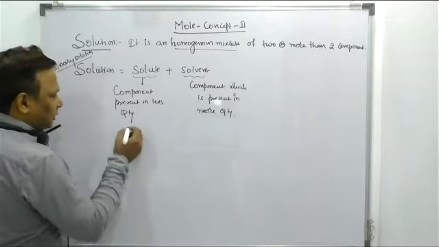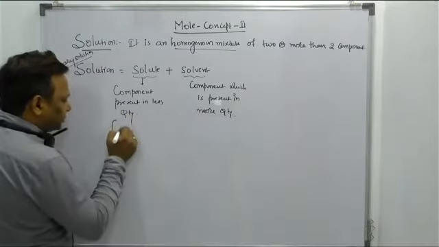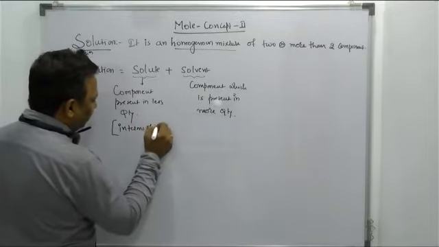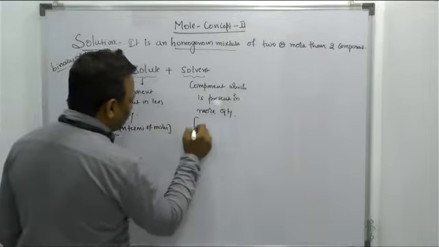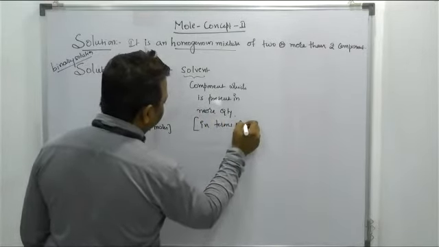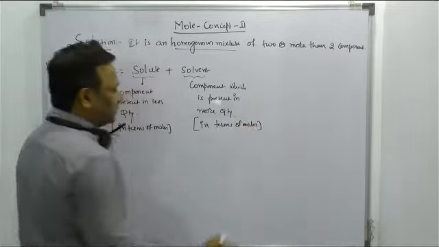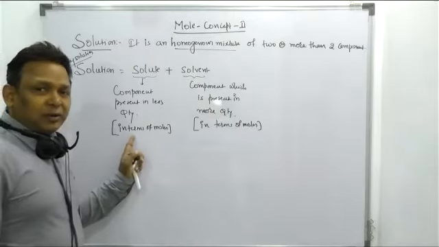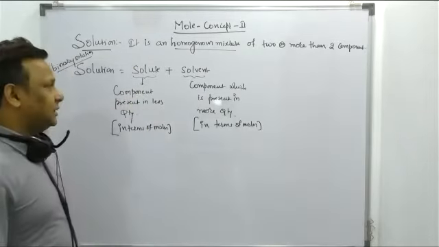But this less quantity and more quantity, you have to see in terms of moles. In terms of moles, if it is more quantity, it is solvent; if it is less quantity, it will be called a solute.